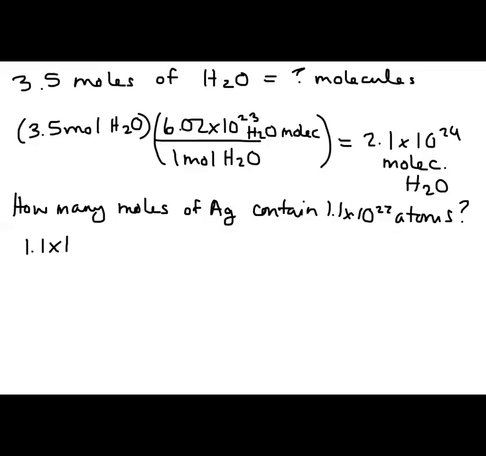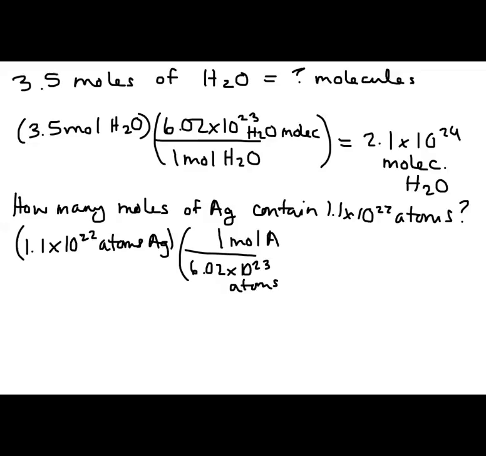1.1 times 10 to the 22nd atoms. So it will be a fraction of a mole, exactly. And now 6.02 times 10 to the 23rd atoms per 1 mole Ag.